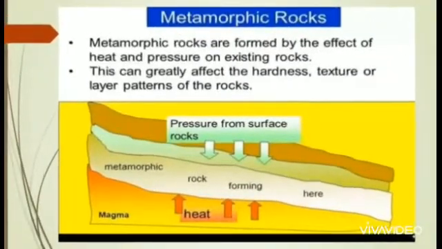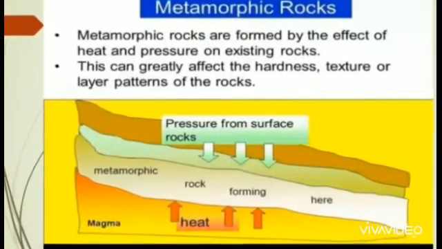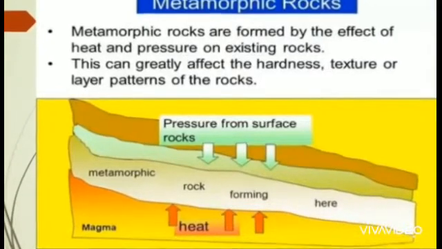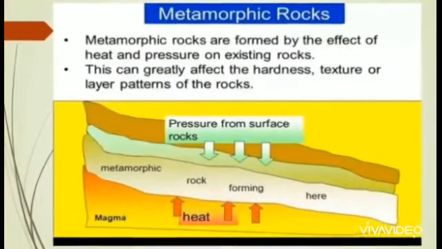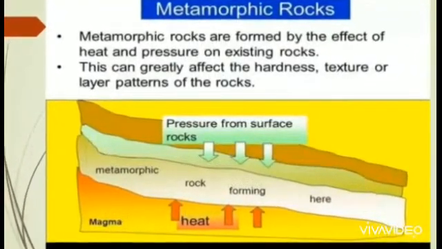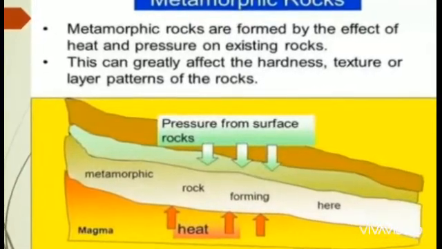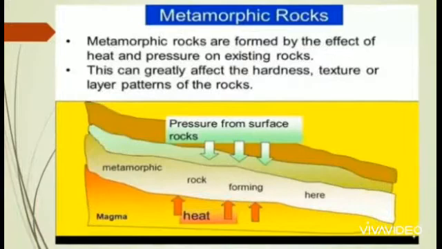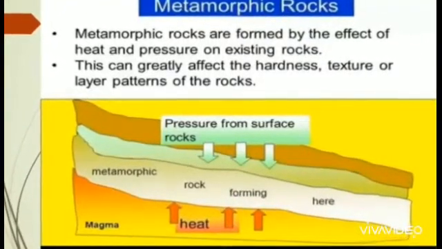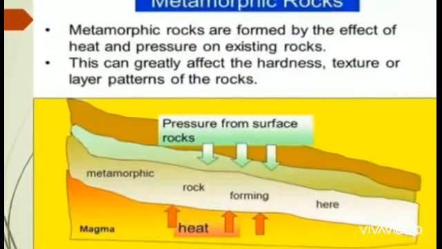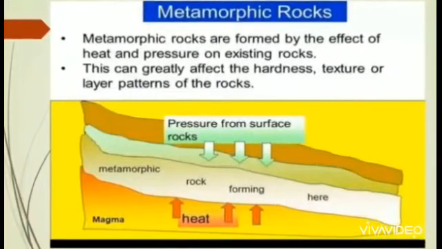This leads to changes in the nature as well as the chemical composition of the original rocks. The crystals in the original rocks get recrystallized. This means the rocks are getting metamorphosed. The rocks formed through such a process are called metamorphic rocks.